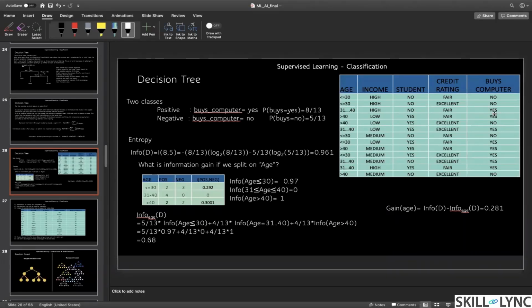Or you can also say that your output has information from age of 0.281, and if you calculate similarly for the remaining three columns, and you notice that age is the feature which has the highest gain value, that means your output is more influenced by your feature age. Did you understand this statement? Right. So it was pretty simple, right?